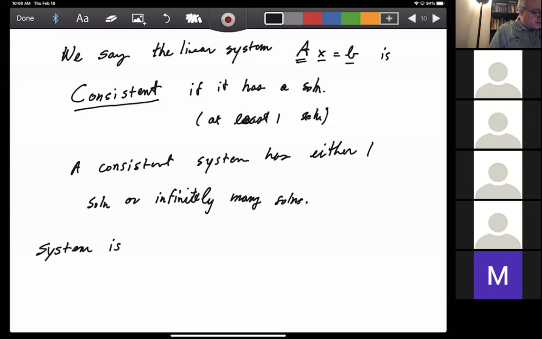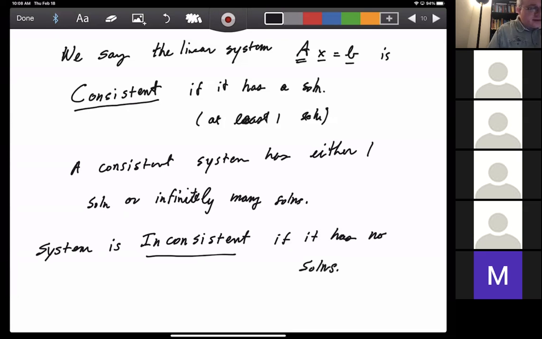The system is said to be inconsistent if it has no solutions. Okay, so those are the possibilities.